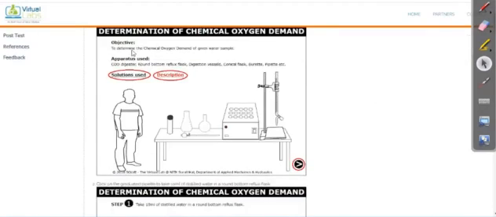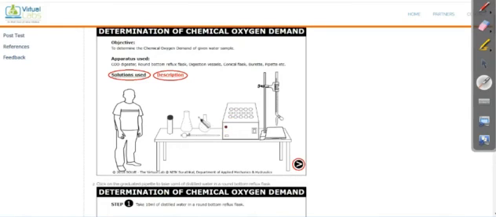First, the aim is to determine the chemical oxygen demand in a given sample. So this is the setup. In this setup, this is the COD digester.